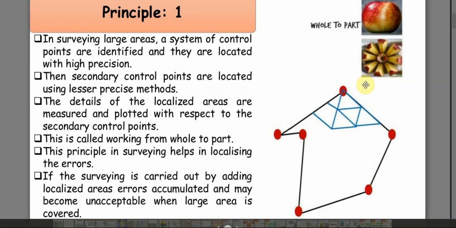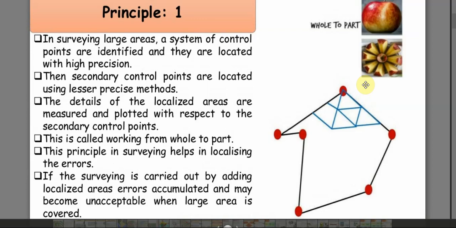So if there is any error when you are drawing the boundary of Madhya Pradesh, that error will get transferred when you are drawing the boundary of Maharashtra, and that error will get transferred when you are drawing the boundary of Karnataka, Goa, etc. So the error gets multiplied or magnified every time you draw.